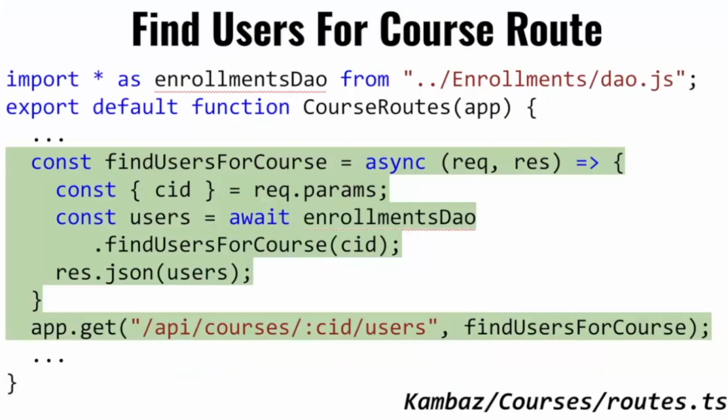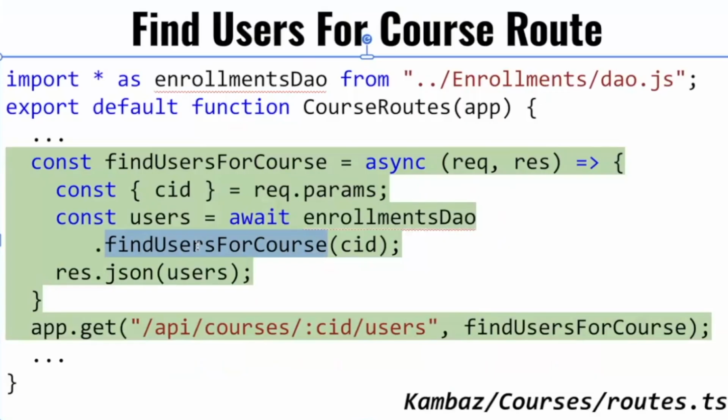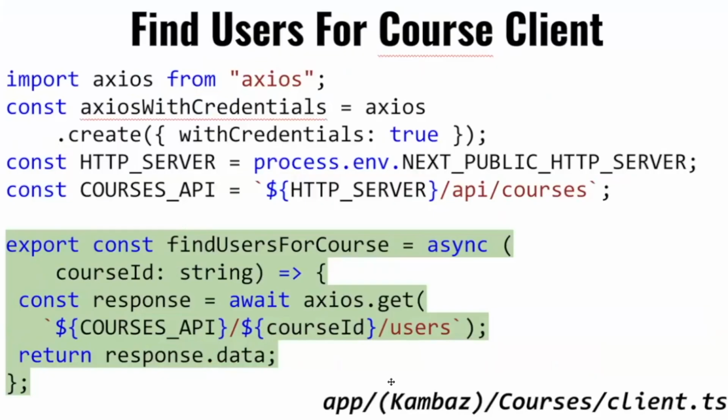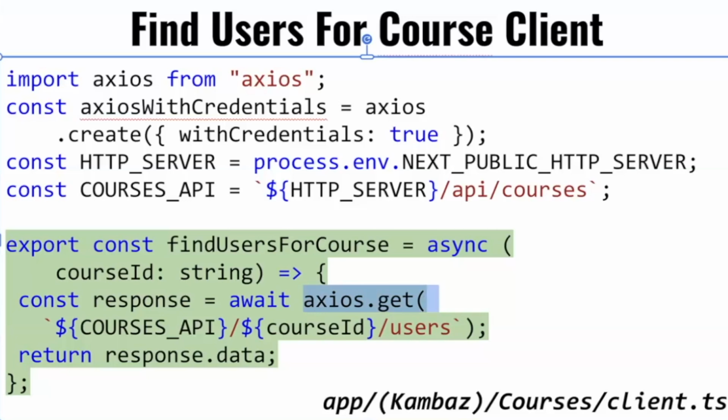Like on the server, you can use the find users per course that we introduced earlier in the DAO. If you give me the ID of the course, I can then return to you the users that are enrolled in that course. And this is on the client side, where we are creating using Axios to do a get for retrieving the users in that course.